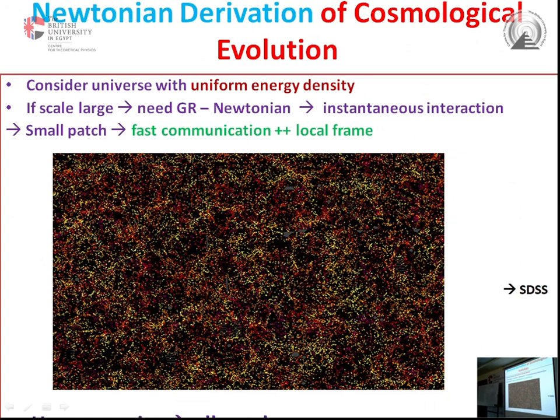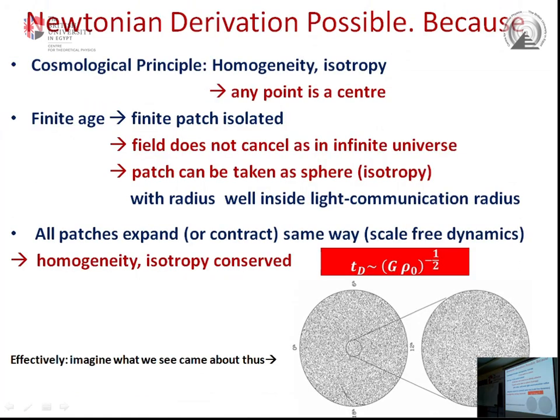Okay? And because of isotropy, because of the homogeneity, we can assume every point in the universe is a center. So let's take some arbitrary point. And because of isotropy, we can imagine our patch to be a sphere.